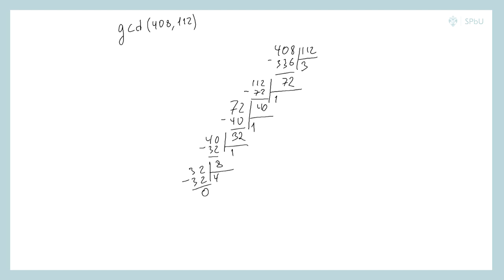So we get the sequence of numbers, and the last non-zero number of this sequence is the greatest common divisor. So the greatest common divisor of the two numbers 408 and 112 is 8.